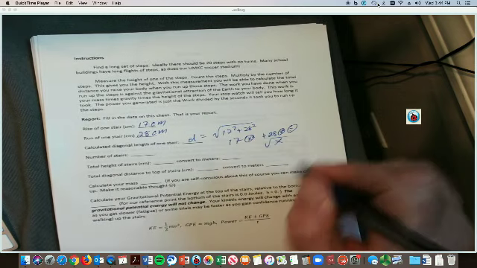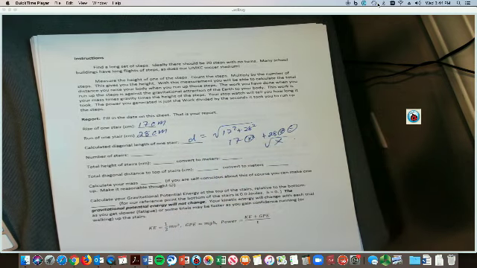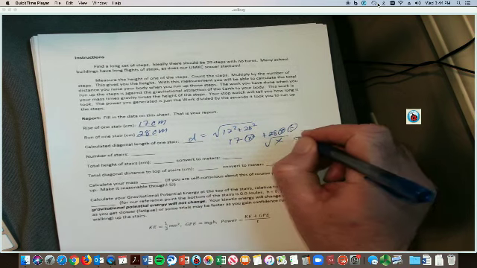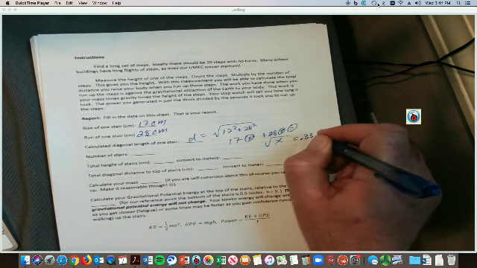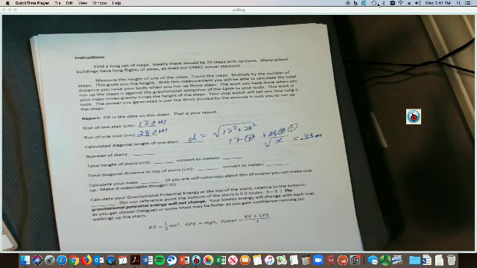And I believe that came out to be 0.33 meters. Okay, so that's the diagonal length of one stair.